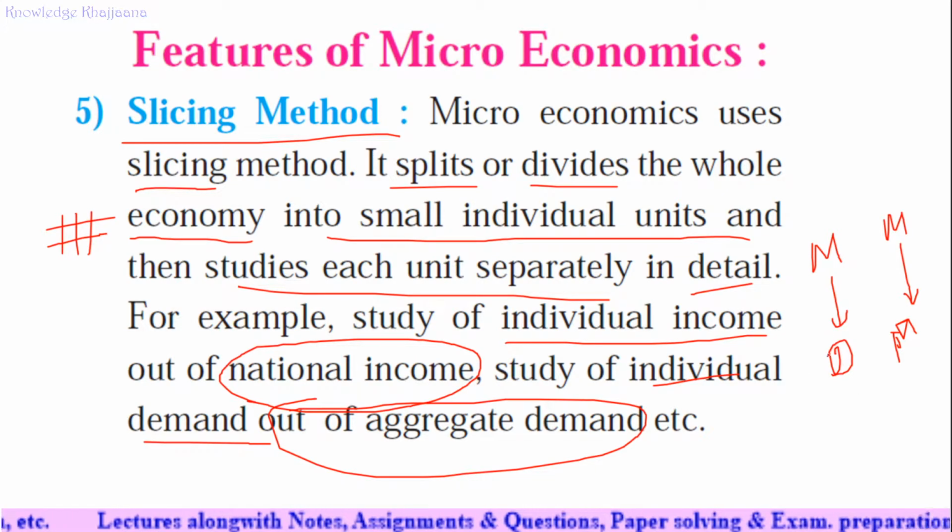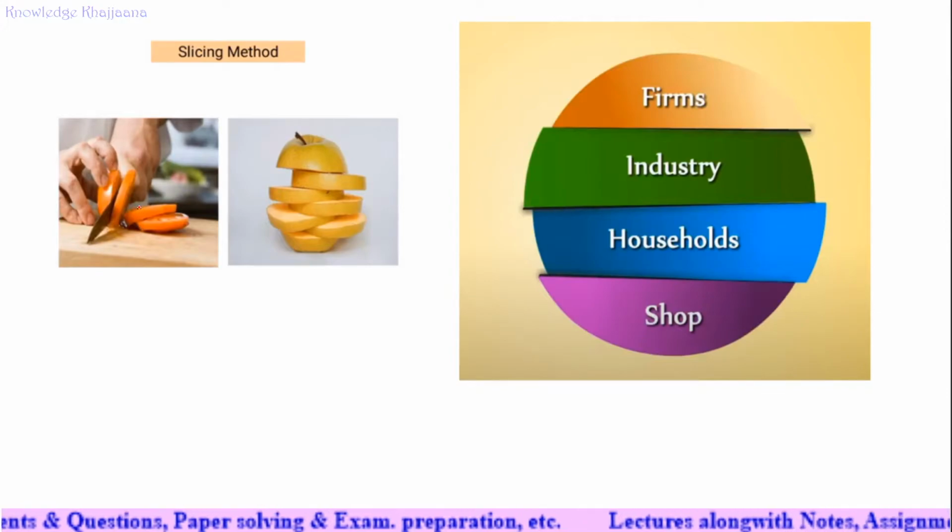The entire Indian market is not given to a single marketing manager. Slices are done: a specific firm, a specific industry, a specific household, a specific shop. These individual units are learned in the slicing method used by microeconomics.